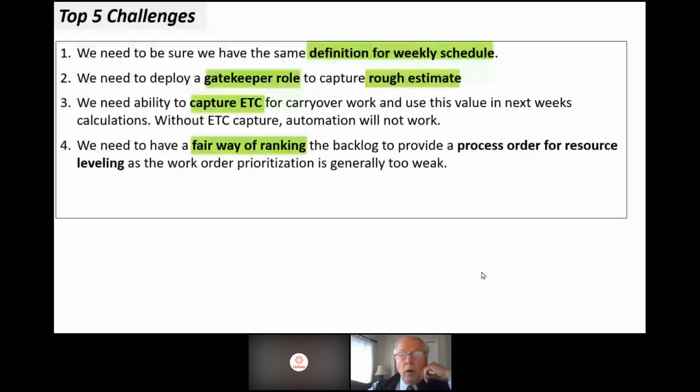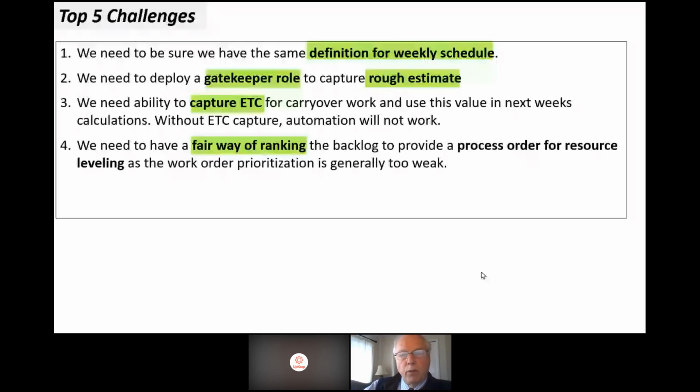Okay, we need to have a fair way of ranking the backlog. If you had 20 or even 100 people in the room, all CMMS users familiar with their backlog, and you asked them how accurate their prioritization is, maybe only 20% would feel confident in their prioritization scheme.